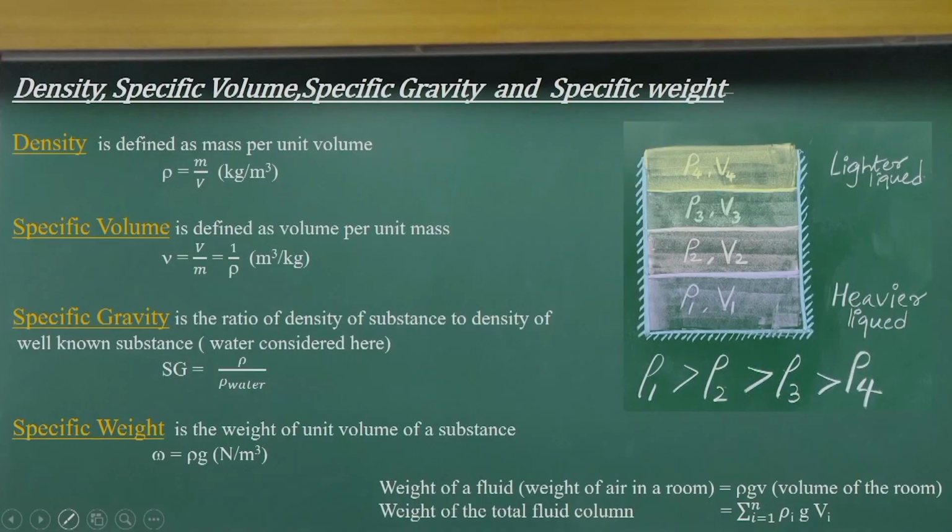So, mass per unit volume, if the volume is 1 unit, any cubic millimeter or cubic meter, whatever the mass is, that gives us the density.